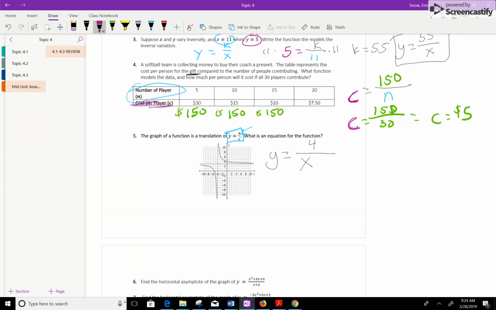First is our horizontal shift, which went over to -4. So that means we change it to the opposite and we add it. So +4. Then our vertical shift went up 3, right? Is that a 3? Yep. So we're going to do +3.